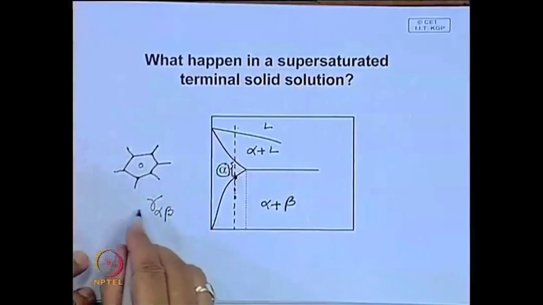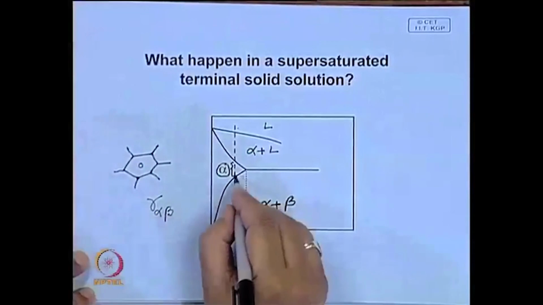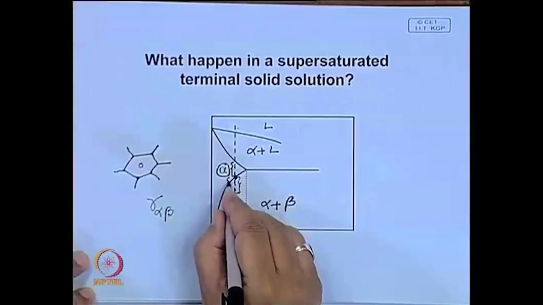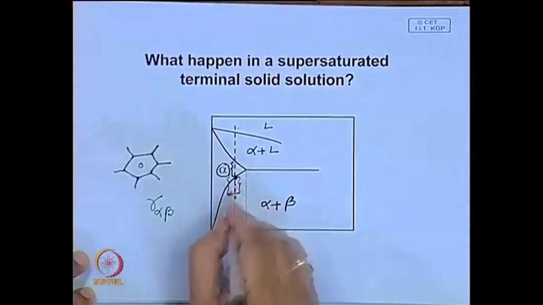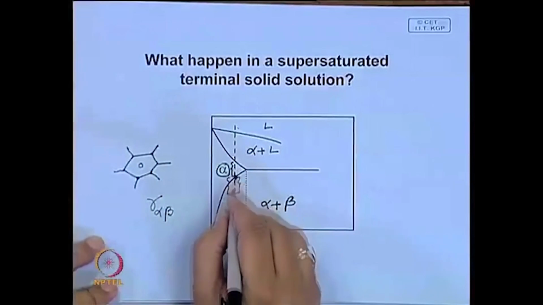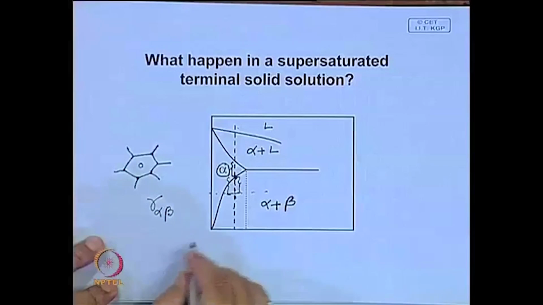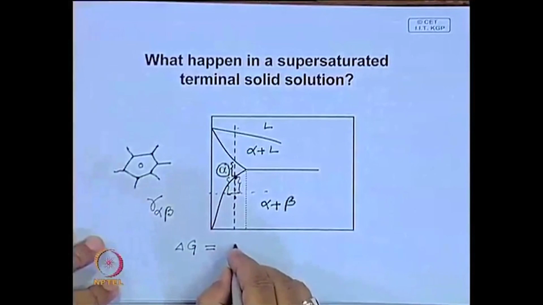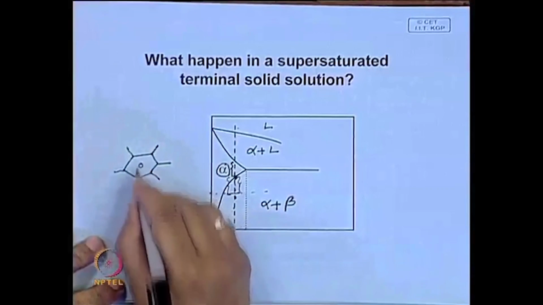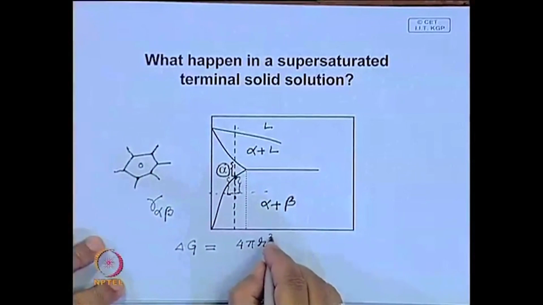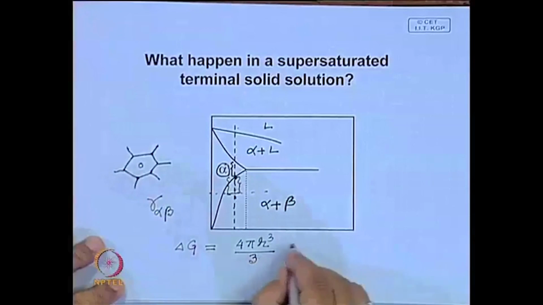Whereas, the extent of supercooling, when it comes over here, you can say this is the driving force for the reaction, and for the total energy change at any particular temperature, you can write an equation something like this, delta G, this will be the volume of the precipitate. If it is a sphere, its volume is 4 pi by 3 r cube.